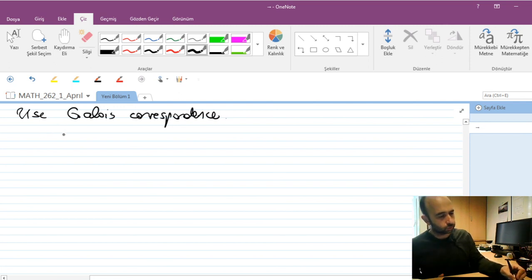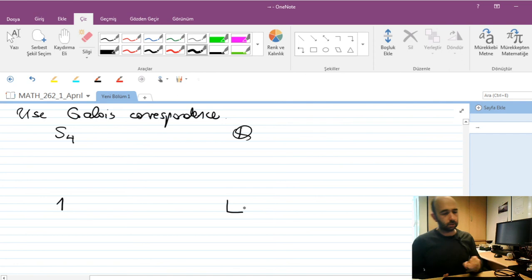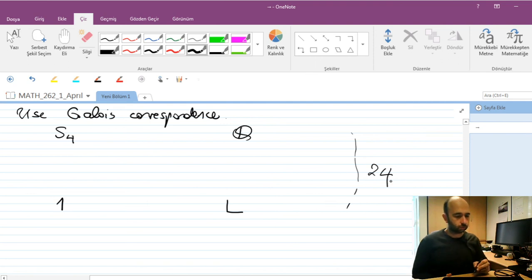On the group side, you have S4 on top and the trivial group on the bottom, and the lattice of subgroups in between. On the field side, on top, corresponding to S4, the fixed field is Q, and on the bottom you have L. From here to here, it is degree or order 24.